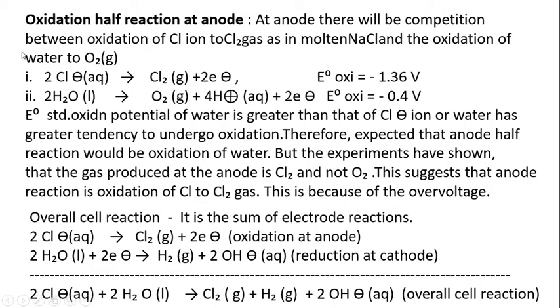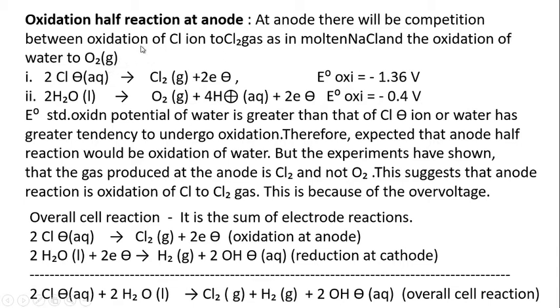Now, the oxidation half reaction at the anode. At the anode, again there will be a competition between the oxidation of the chloride ions present in NaCl, and the oxidation of water to give oxygen gas, O2.